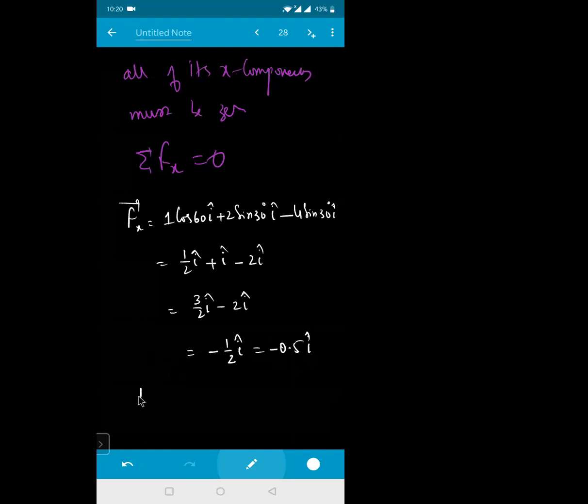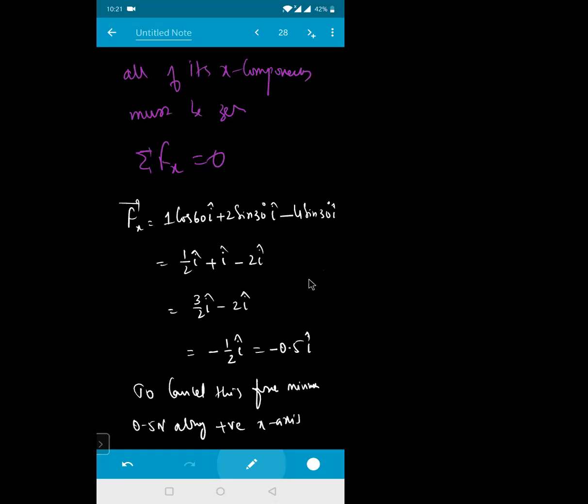Now see, to cancel this force, a minimum of 0.5 Newton should act along the positive direction of your x-axis. We have net force along x-axis of minus 0.5. So to cancel this force, a minimum of 0.5 Newton along your positive x-axis, the net force will become 0.